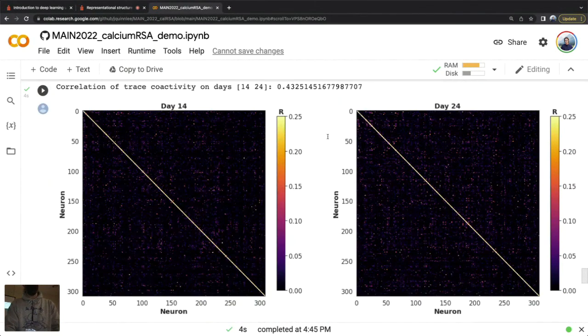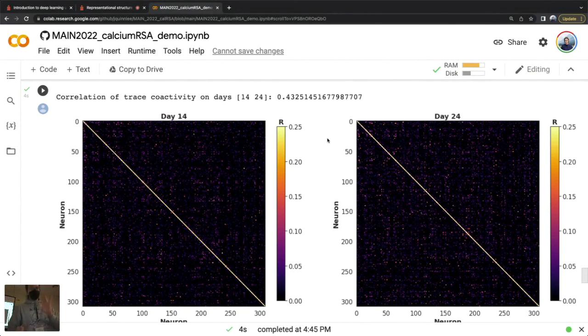So, boom, you have this, well, you can't really see it super well there, but I promise if you look on the screen, you can see that there are certain pairs of neurons that have similar temporal patterns of activity. And there are many other neurons that have much lower correlations in their temporal pattern of activity, right?